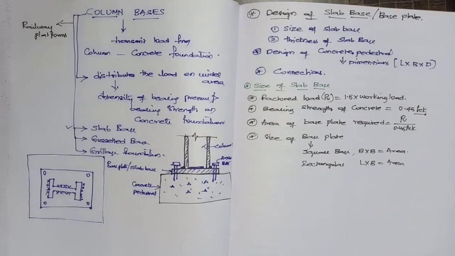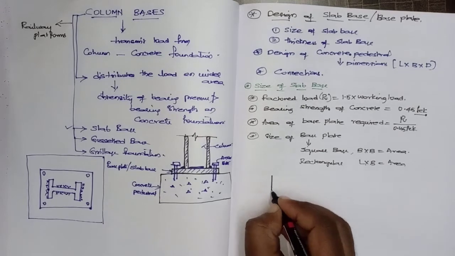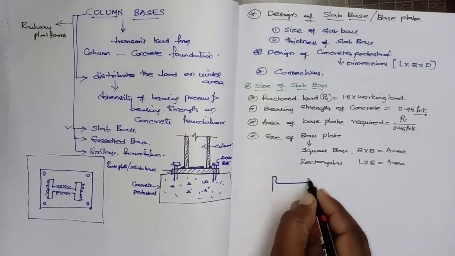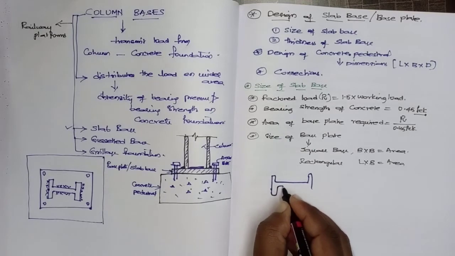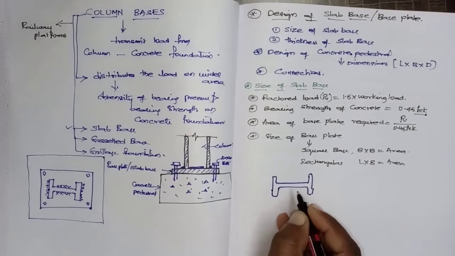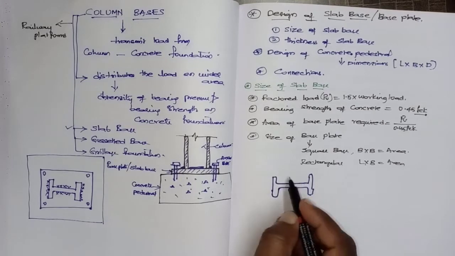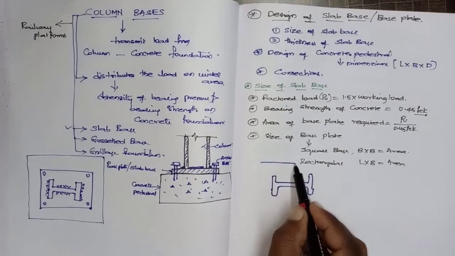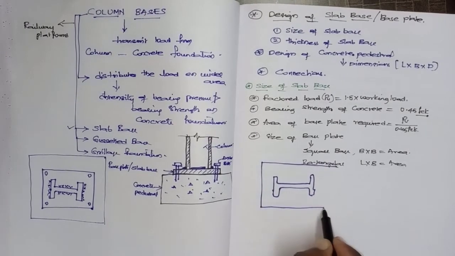Next, you have to decide the thickness. For that, I will try to draw one figure. Clearly see here. Suppose this is the I section you got. To this I section, to this column section, we have decided the base plate.